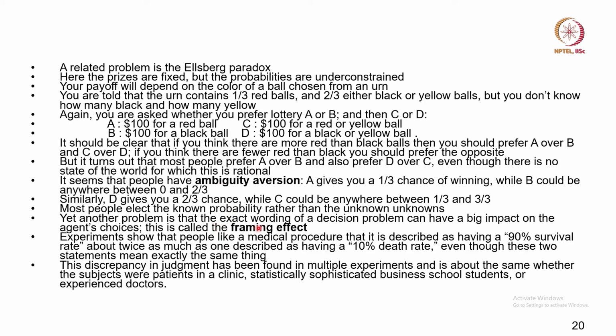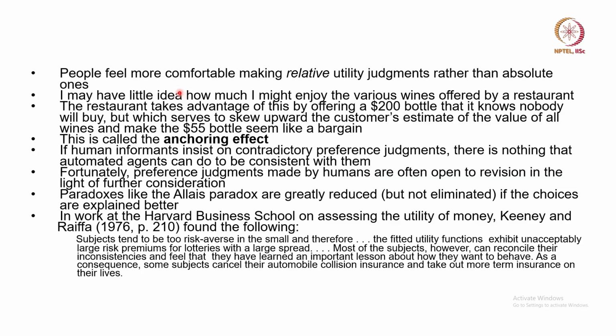Another problem is the exact wording of the decision problem, which is called the framing effect. For example, if you say 90% survival rate, people find it easier to accept than a 10% death rate, even though both statements are the same. In a restaurant, they will offer a $200 bottle of wine which no one will buy.